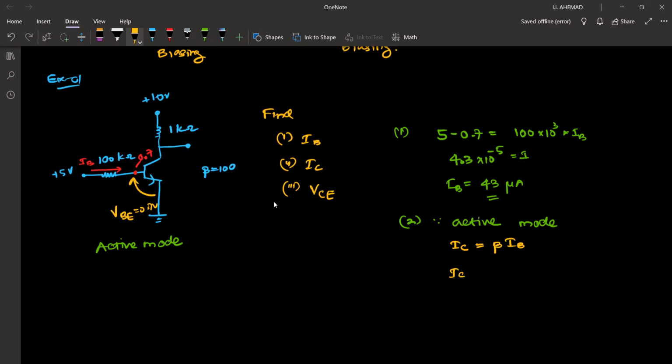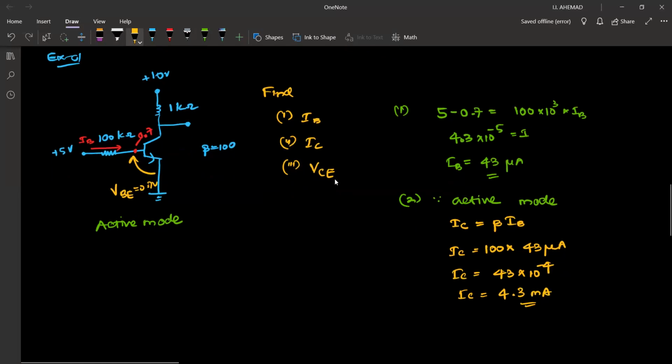So IC is equal to 100 times IB, 43 microamperes. So IC is equal to 43 into 10 to the negative 4, or otherwise, IC is equal to 4.3 milliamperes.